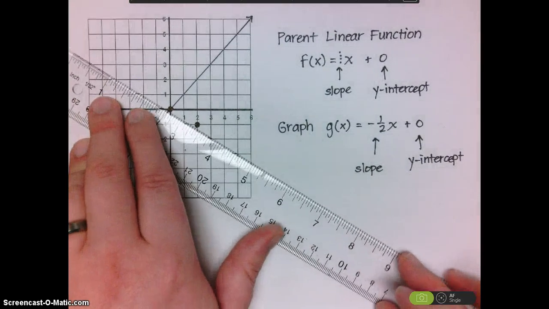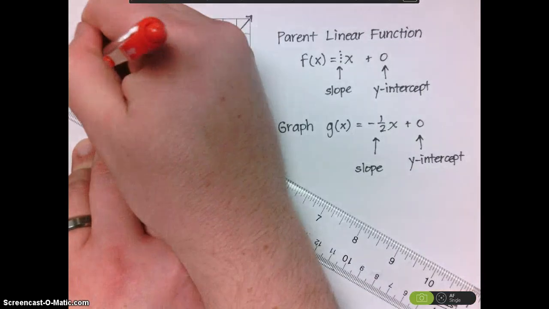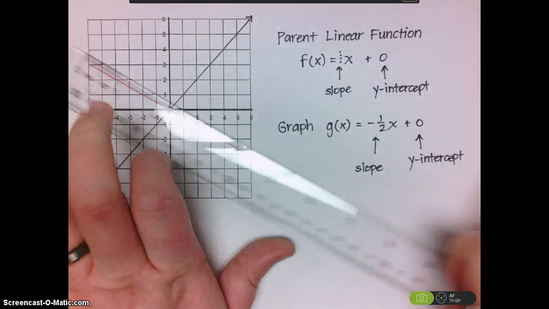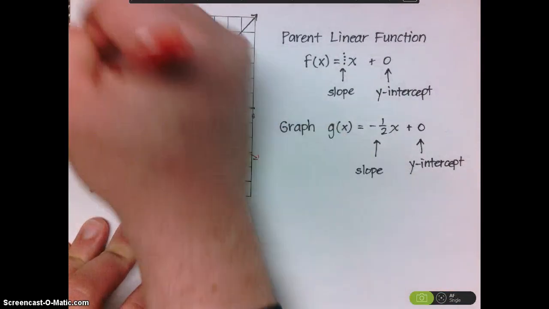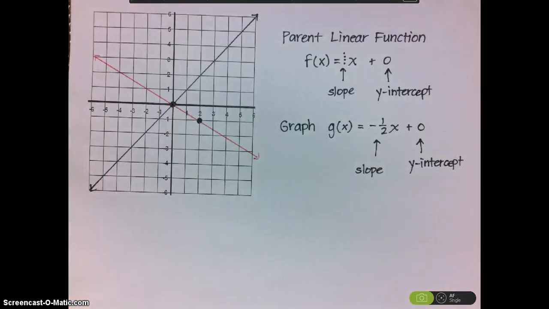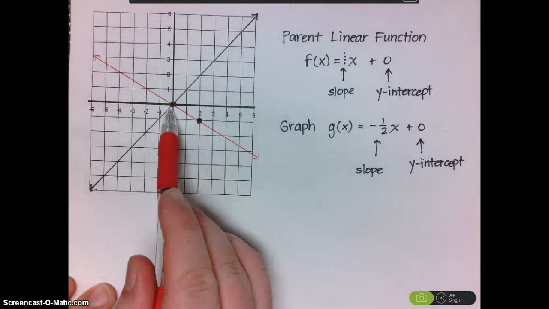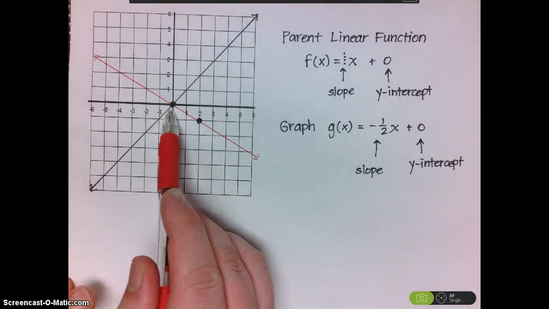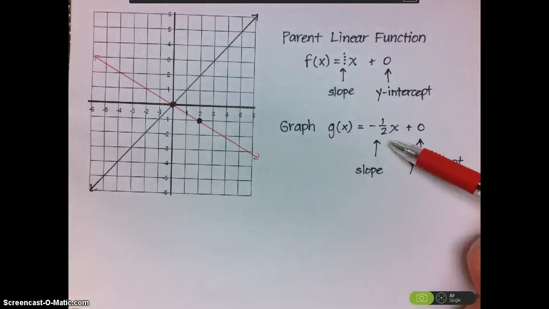When I connect these two points, as you can see, going downhill is a far easier slope to walk down. Okay, it's not as drastic as positive 1, but it is also in the opposite direction, and it passes through the origin.